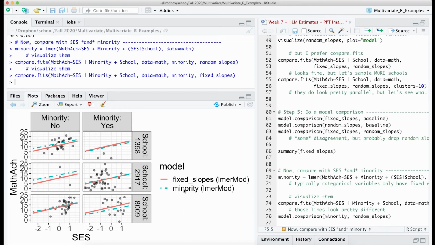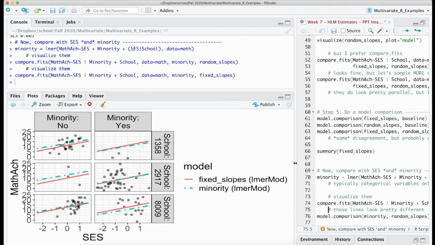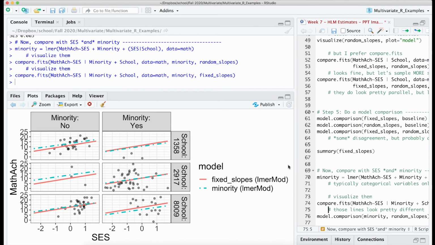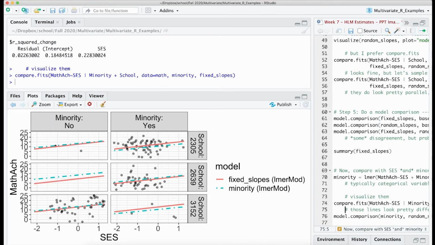And so what we're looking for here, again, is whether the predictions are meaningfully different, not necessarily vastly different. Remember, each of these lines represents the prediction from the fixed slope model versus the minority model. What you would expect to see is that the red line is exactly the same across the two of them, because the fixed slopes model doesn't have minority as a predictor.